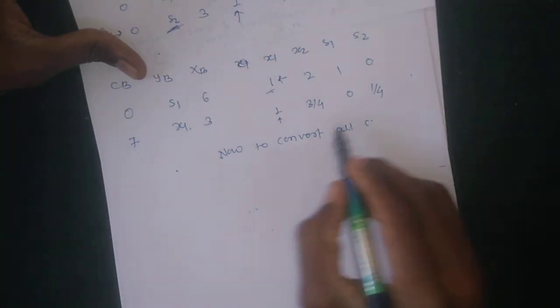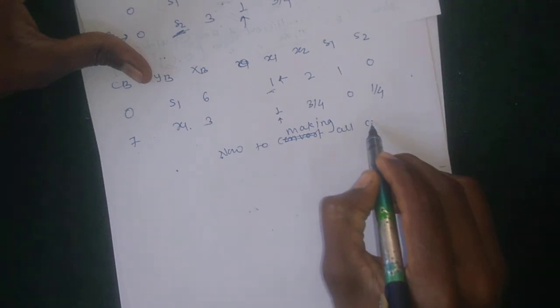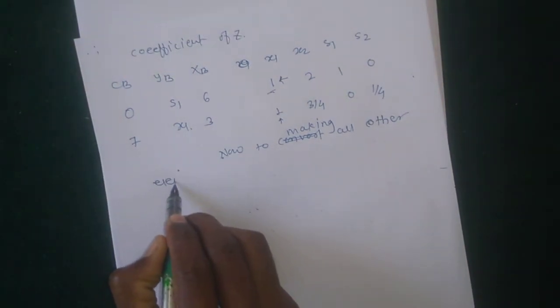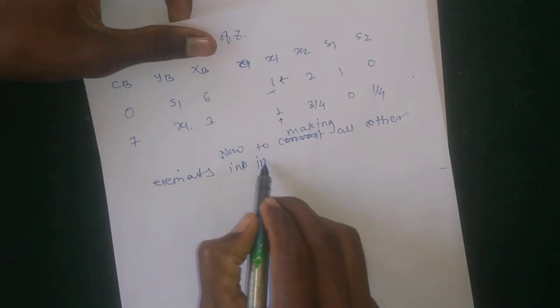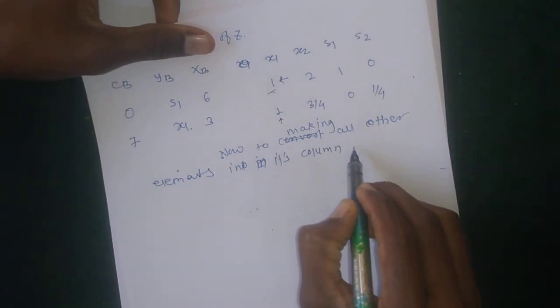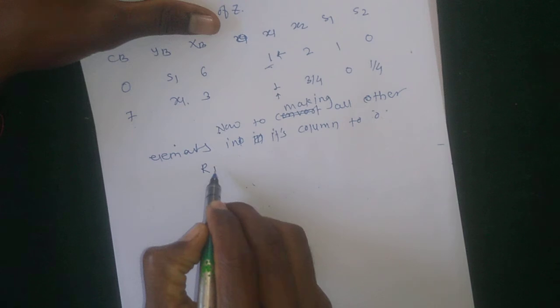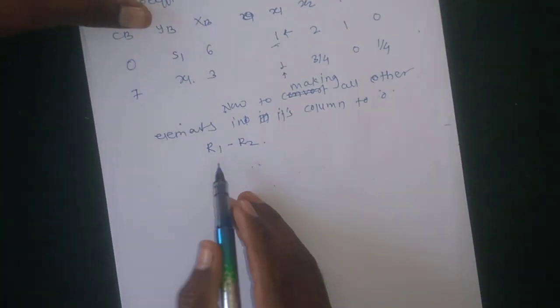Therefore the operation here is r1 minus r2. Okay, r1 minus r2.